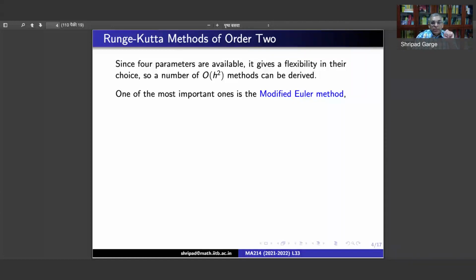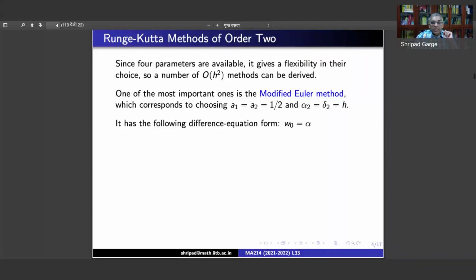So this particular method refers to A1 equal to A2 equal to 1 by 2 and alpha 2 equal to delta 2 equal to h. So let's see where the difference equation has these A1, A2. The A1 was the coefficient for this f of Ti, Wi. So that 1 by 2 has come out with h, and we get h by 2. Similarly, A2 was the coefficient for the second f value, and that has also come as 1 by 2 outside.